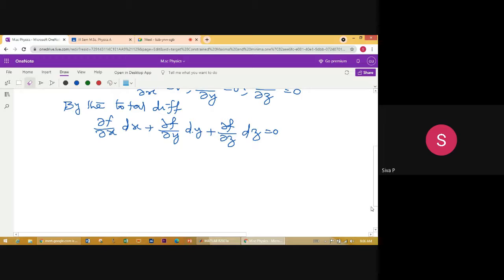Actually u equals f of x, y, z, but by the total differential we are writing that this value is equal to 0, since dou f by dou x equal to 0, dou f by dou y equal to 0, dou f by dou z equal to 0.